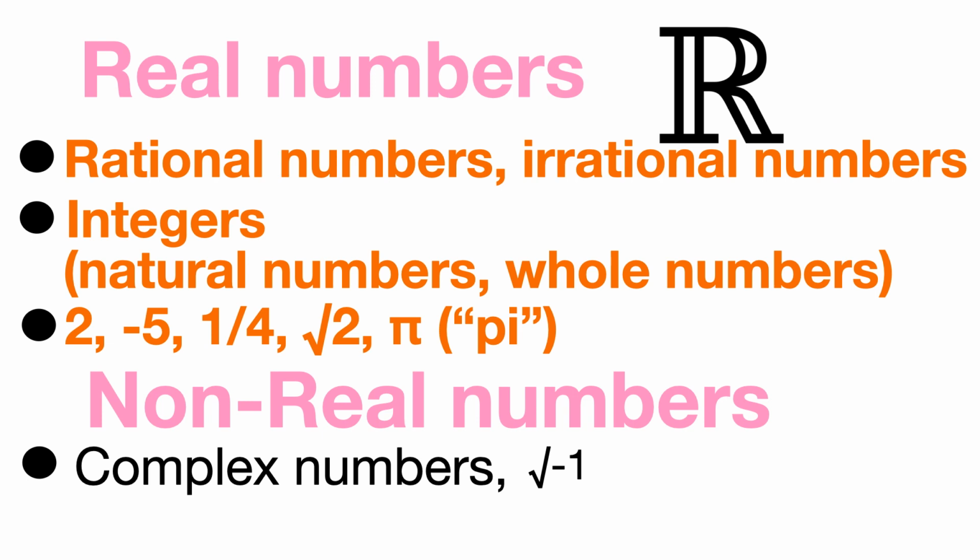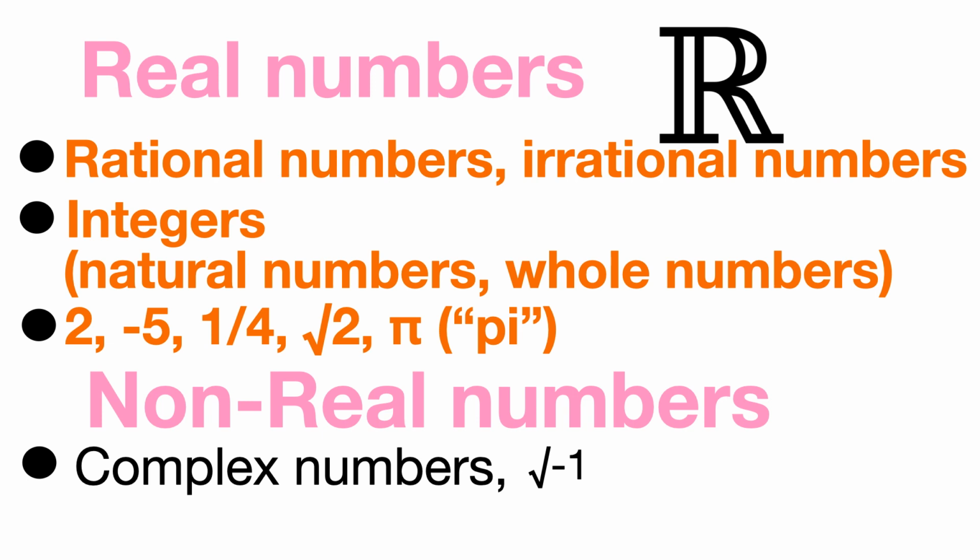Non-real numbers are the complex numbers, where the square root of -1 is the unit imaginary number called i. In other words, the numbers that are neither rational nor irrational are non-real numbers. The real numbers include rational numbers and also the irrational numbers.